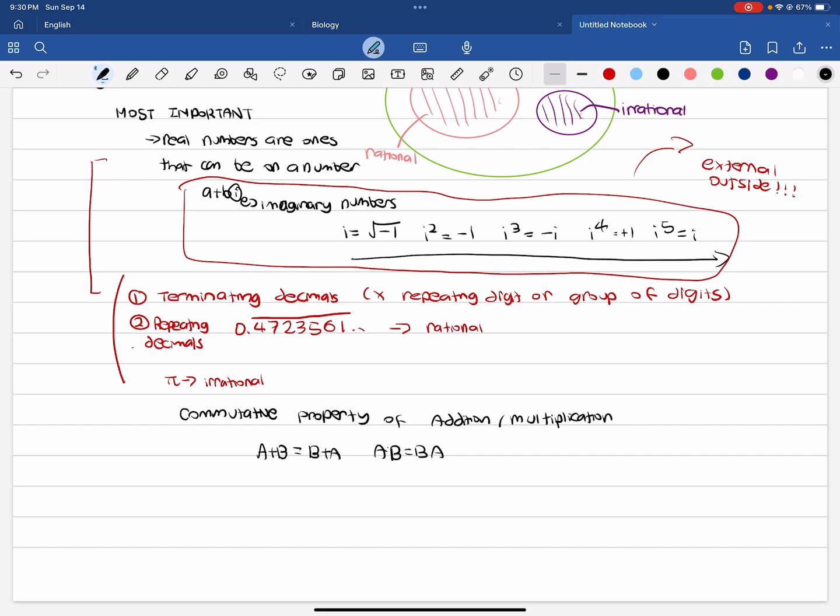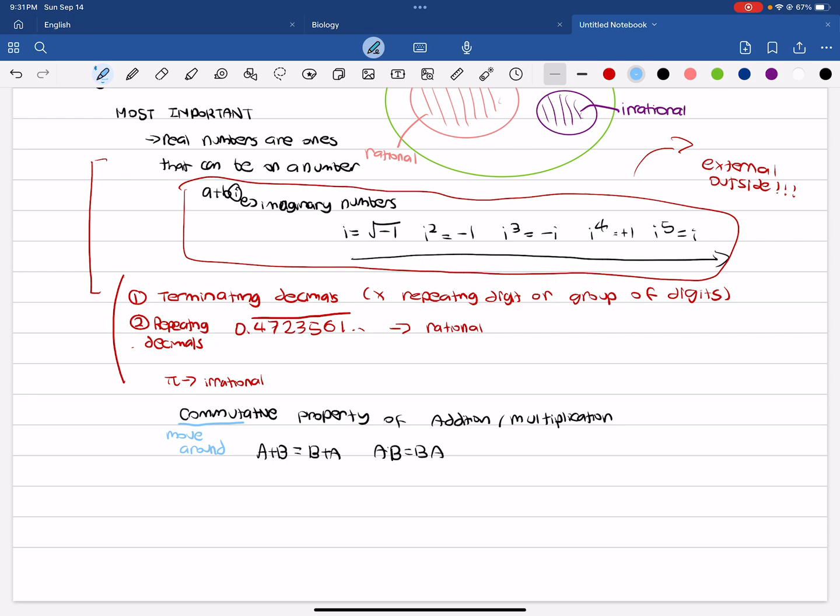So, to commute means to move around, right? Move around. Which means that we can move the order of the numbers around and it does not affect the result. Do you get it? The root word, guys. The root word.